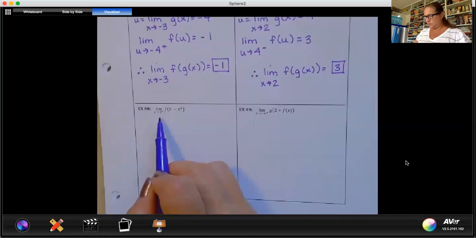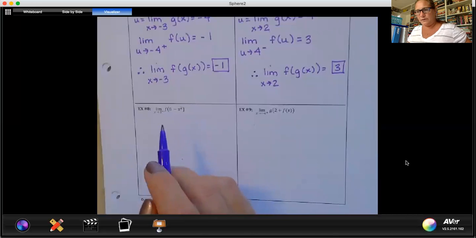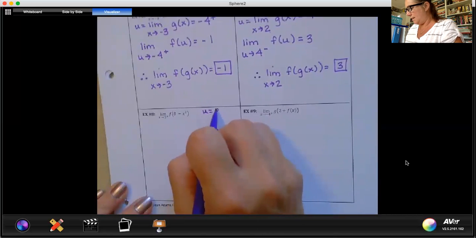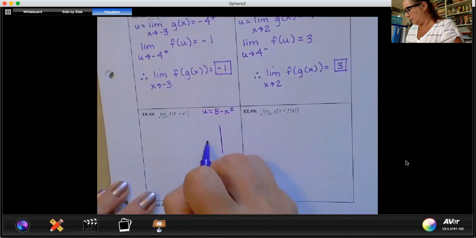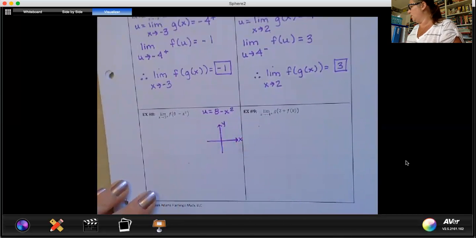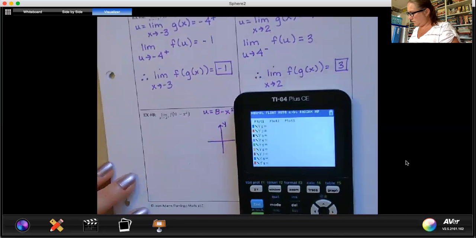Limit as x approaches 2 from the right of f of 8 minus x squared. So the first thing we're going to do is make u be 8 minus x squared. And we're going to do a little sketch here of what that looks like. If you don't know what that looks like, just take your calculator and graph it.